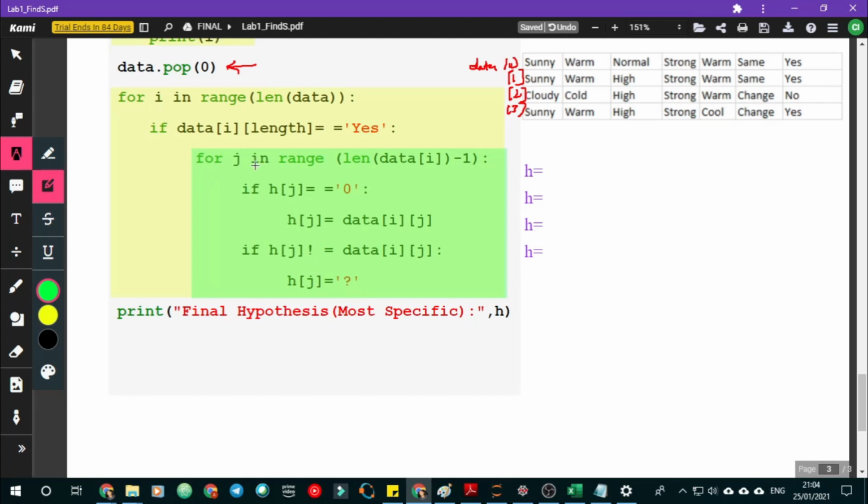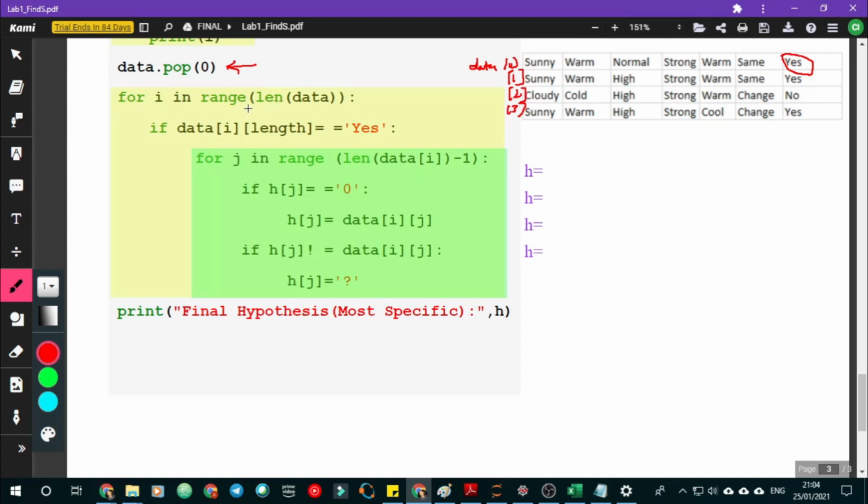The outer loop traverses through all the data samples, and once we reach the first data sample, I need to check whether that data sample is yes or no, correct? That's why I'm including this condition. If the data sample is yes, then only do I get into the inner loop, to read all the attribute values. Otherwise I should skip that data sample and read the second one. Clear? This is what the algorithm is.